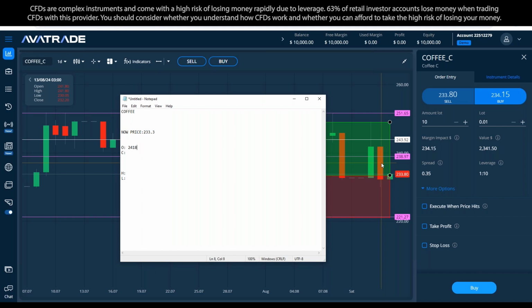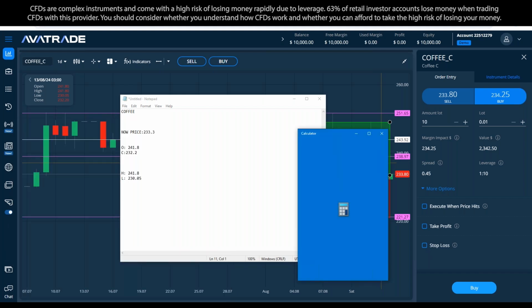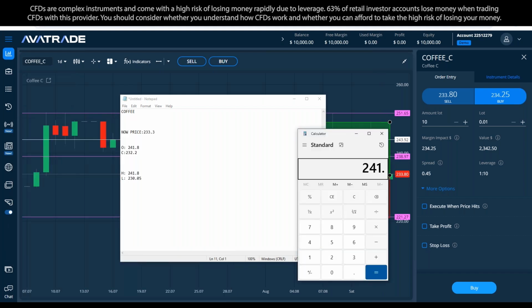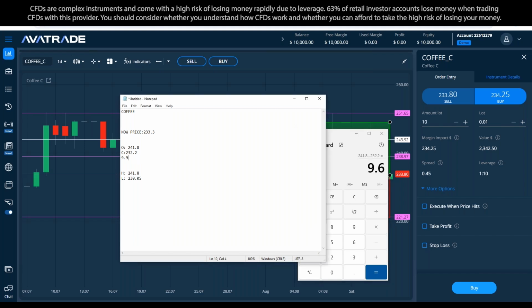Open is 241.8, close is 232.2, high is 241.8, and low is 230.05. Now all I have to do is take the top and the bottom numbers and subtract, which gives me a movement of 9.6 yesterday for coffee.